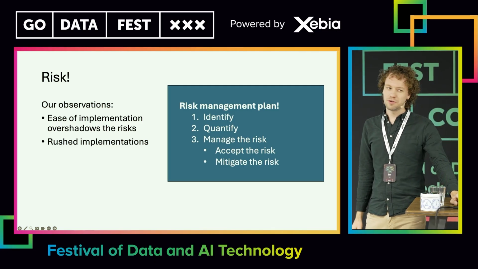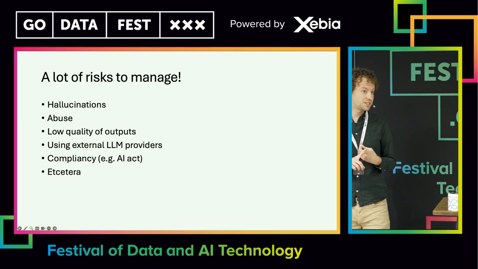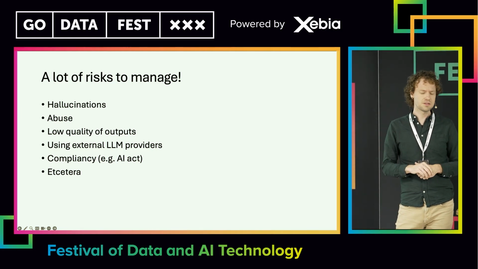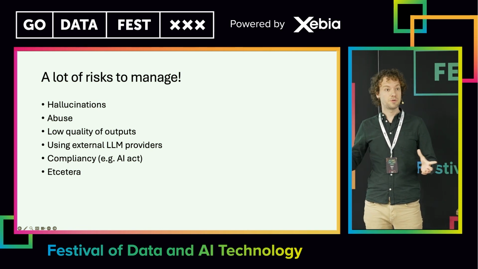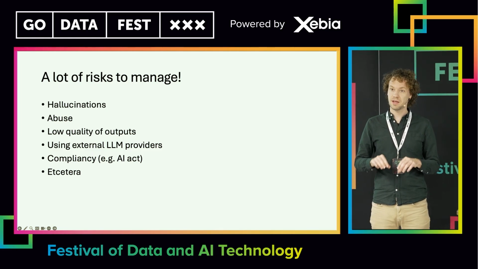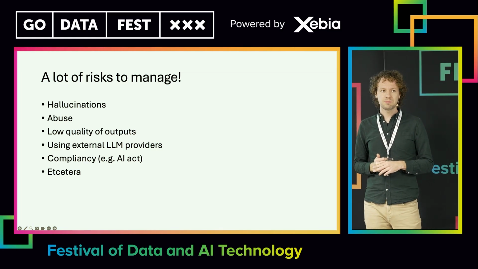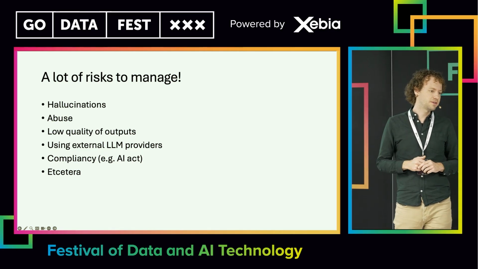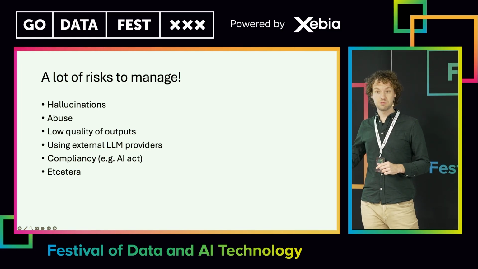And with large language models, there are a lot of risks to manage. We have this thing called hallucinations, where the LLM comes up with things, and we're not sure if that's right. We have abuse, for example, when you have customer-facing chatbots, then people try to abuse the system, reverse prompting, prompt injection. Sometimes low quality of the outputs. The LLM is just not good enough yet to create the output you would like to have. But also a risk is the use of external large language model providers.